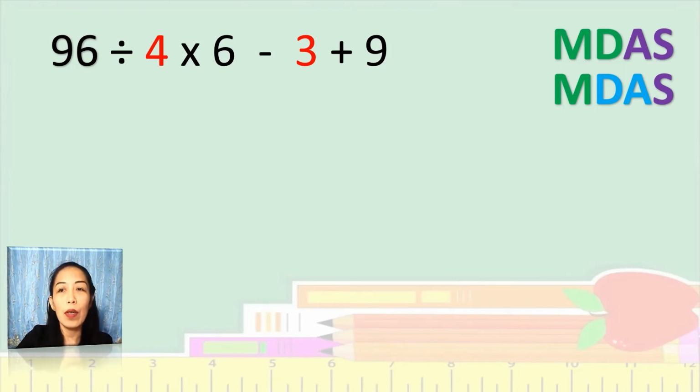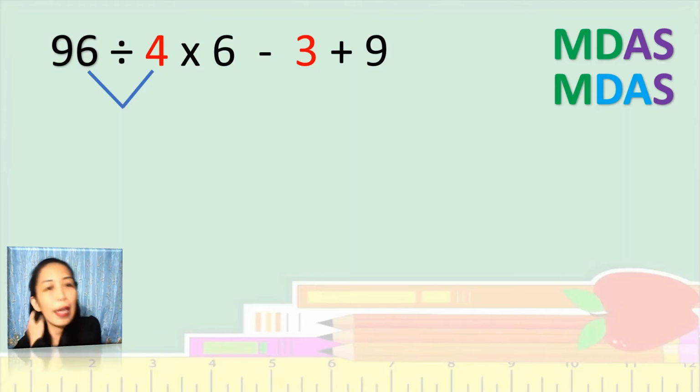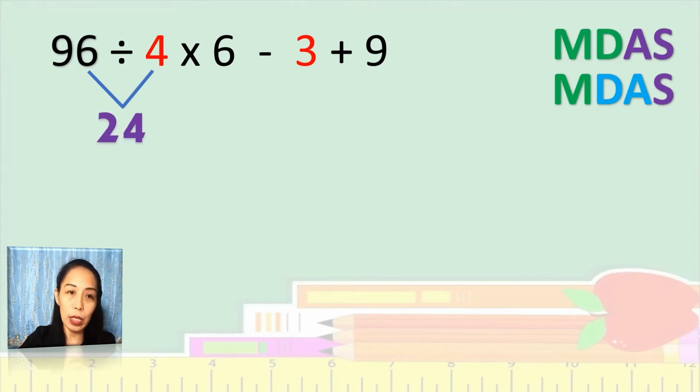So, we will have first ang atong division. So, 96 divided by 4 would give us 24. So, we're done with the D. Since MDAS, nauna na ang D nga division, balik ta ni M. So, ang sunod nga buhaton is M, multiplication.